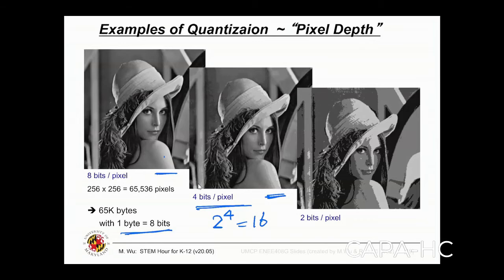Now, if you want to cut down further the number of bits per pixel you spend on shades, it gets ugly. I only have 4 shades. I can't really describe that really nice gradient here.